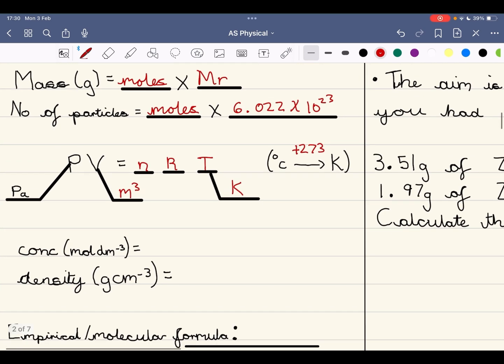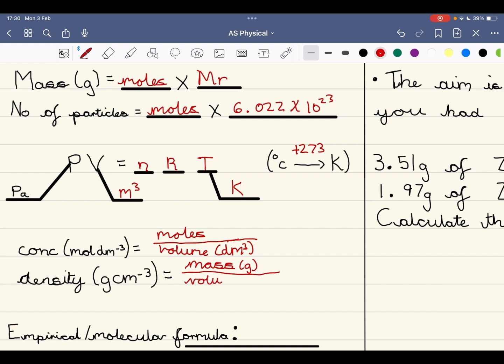The concentration in moles per decimeter cubed is moles divided by volume in decimeters cubed. The density is equal to the mass in grams divided by the volume in centimeters cubed. Make sure that you look at the units they want to use the same units in your calculation.